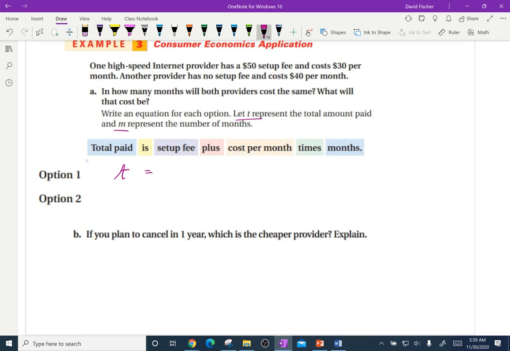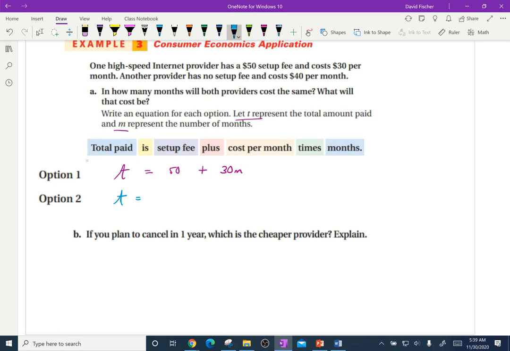The word is equal. This one's kind of interesting because they want the setup fee, which is $50, plus cost per month. In plan option 1, we have $30 per month. So if I went for 2 months, I'd have $60. 3 months, $90. Option 2 is, so this is my cursive T, so I don't mess it up with a plus sign.